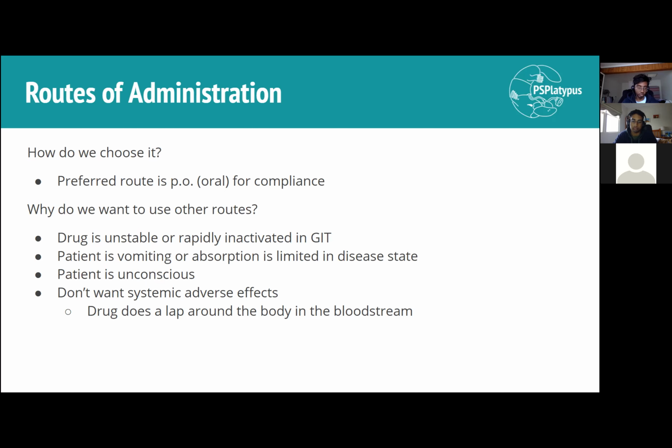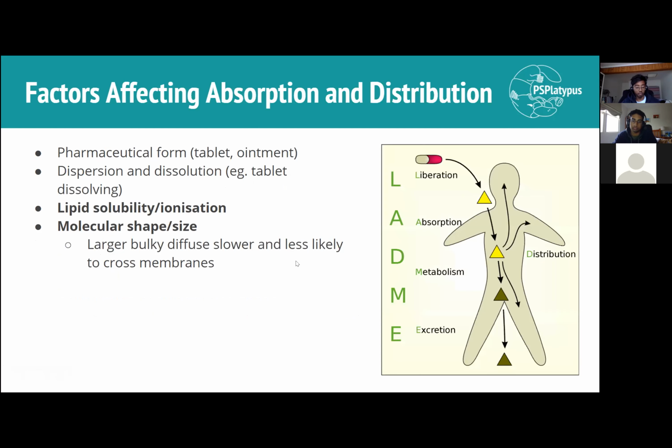If the patient's unconscious, they can't swallow. And also, when we do oral stuff or intravenous, the drug does lap around the body in the bloodstream, and that can result in systemic adverse effects. And if we don't want that, then we should not give it orally.